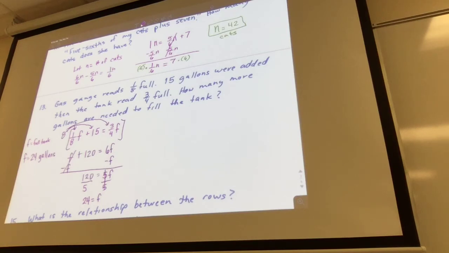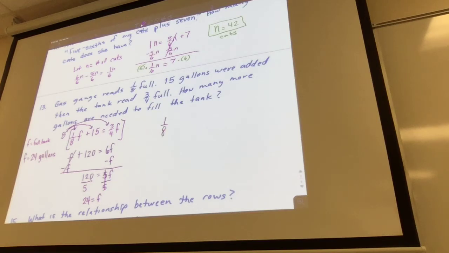Well, full is 24 gallons. We found that out, but the question is, how many more gallons are needed to fill the tank up? First of all, we need to figure out how many we started with. 1/8 full, but we know what full is now.